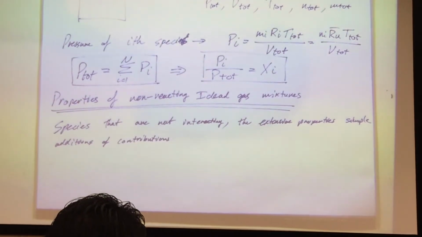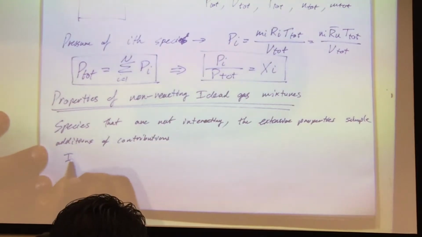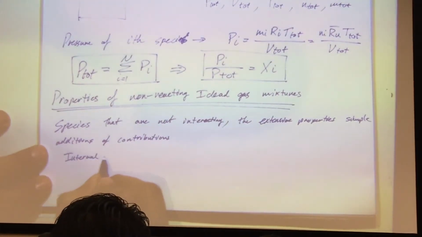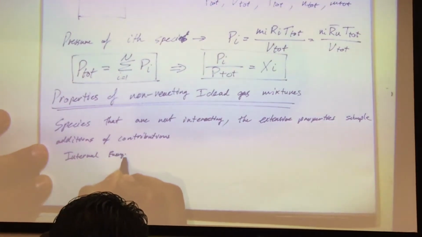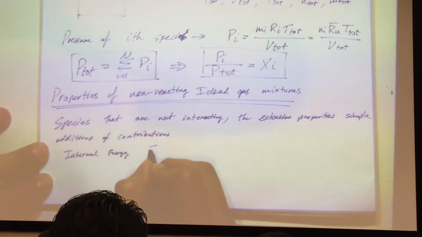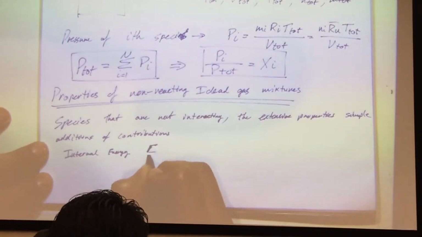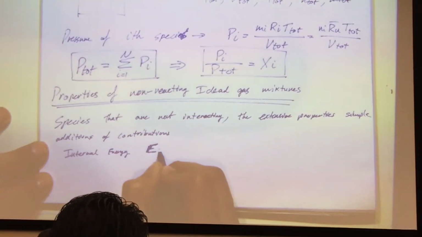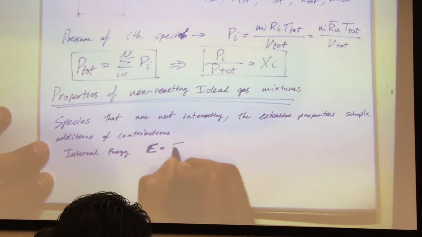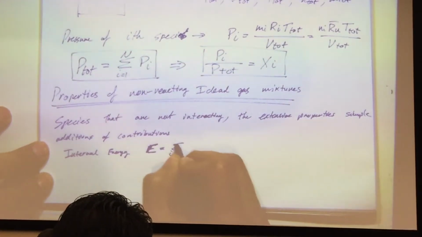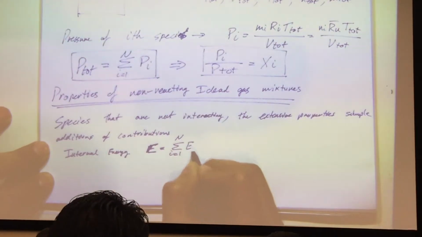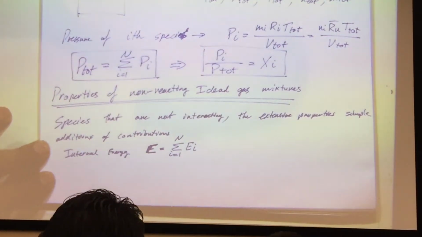So let's take an example and say, well, internal energy. E for internal energy is going to equal the summation of i equals 1 to n of each individual internal energy of my species.